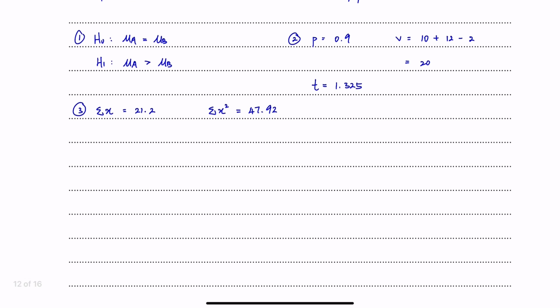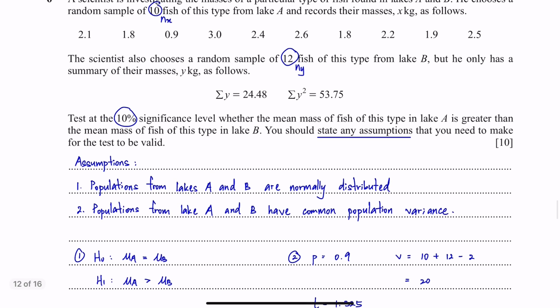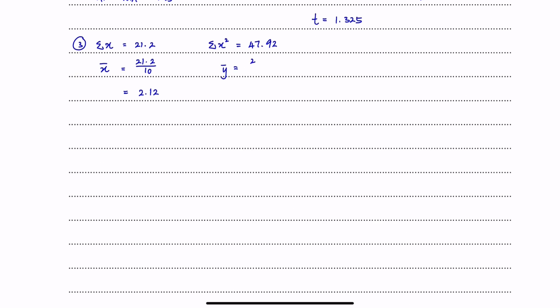So from these values we know that the mean of x would be 21.2 divided by 10, which is 2.12. And the mean of y, we know that it's 24.48 divided by 12. So we would get 2.04.